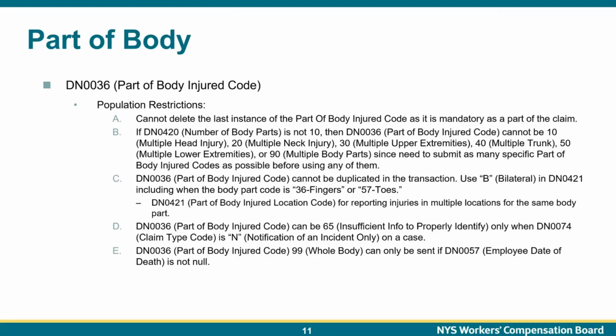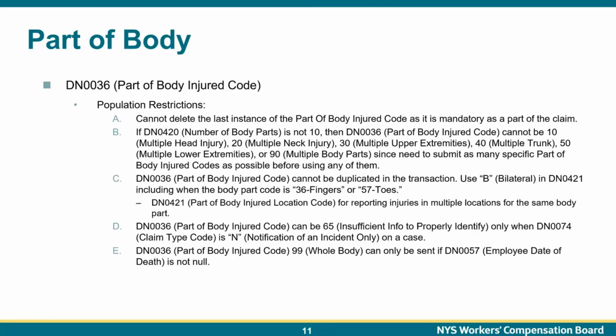For B, if DN 420 number of body parts is not 10, then the part of body injured code cannot be multiple head injury, multiple neck injury, multiple upper extremities, multiple trunk, lower extremities, or multiple body parts, since you need to submit as many specific parts of body as possible before using them.